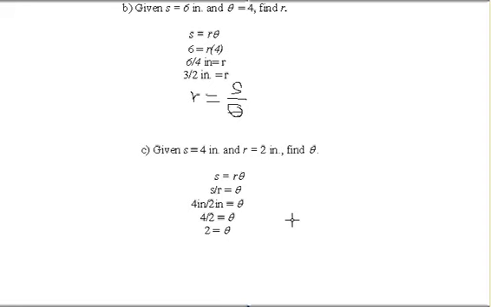So understanding the definition of the radian as a unit of measure for angles gives us this unique little relationship that is only true for angles that are measured in radians. And we need to not so much memorize that definition as we need to learn it and understand it and be able to use it.